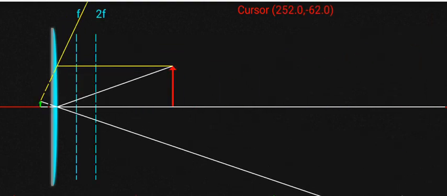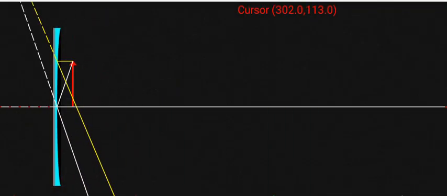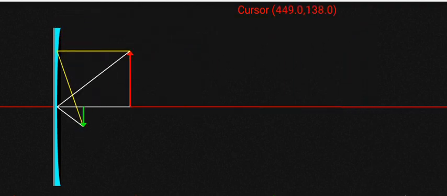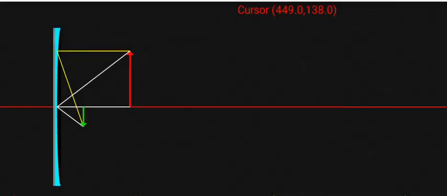A concave mirror will give a virtual image only one time, that's between P and F, and the rest of the time it will give an inverted, meaning real, image. A convex mirror will always give a virtual image, whereas in terms of lens, a concave lens will always give a virtual image, whereas a convex lens gives a virtual image only one time, and the rest of the time real images.